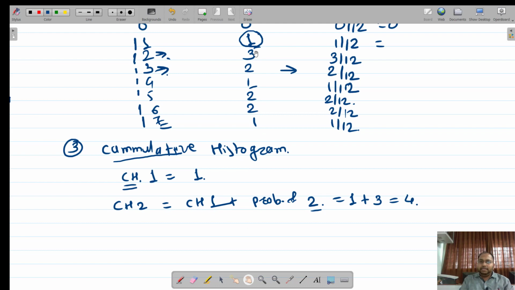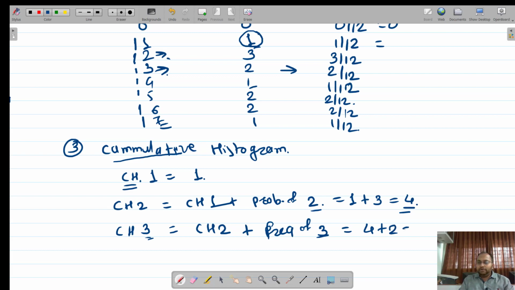Then 1 plus 3 plus 2 will be the cumulative histogram of 3. So the cumulative histogram of 3 is the cumulative histogram of 2 plus the frequency of gray level 3. The cumulative histogram of 2 is 4, and the frequency of 3 is 2, so it comes to 6. Is that fine?